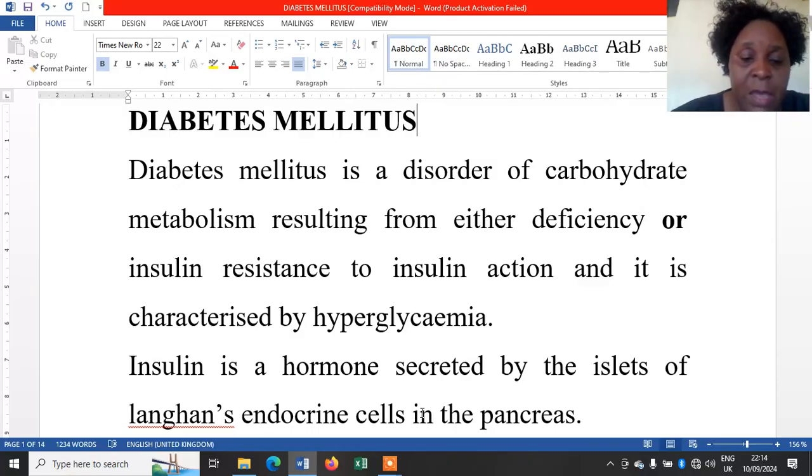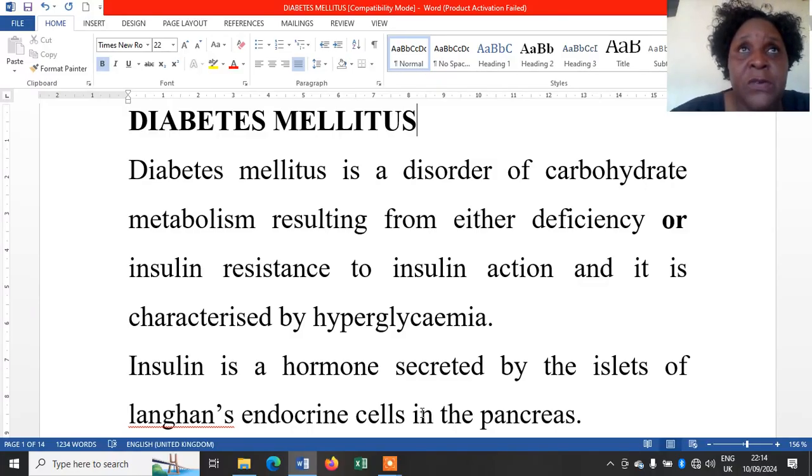hyperglycemia. And this insulin we are talking about is the hormone produced in the pancreas by the islets of Langerhans. So, there might be a problem with the islets of Langerhans, that it is failing to produce enough insulin sufficient for carbohydrate metabolism, or it is not even producing any insulin due to causes we shall come across as we continue.